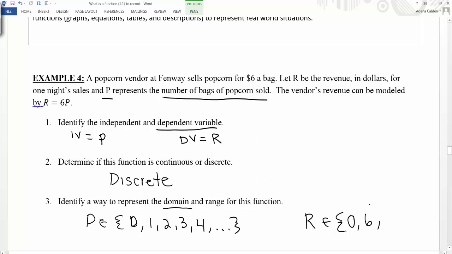If I plug in 2, I get 6 times 2, which is 12. So I can see here that I have multiples of 6 in order. And again, I'm going to use ... to indicate that that's going to continue going on. And again, I was taking those P values and plugging them into the function R equals 6P because that was the function that modeled our situation here.